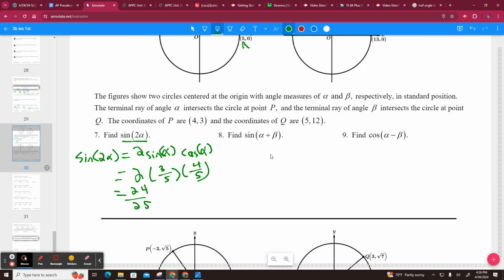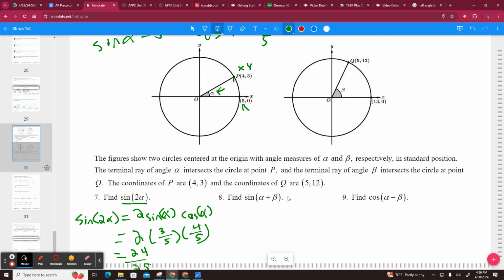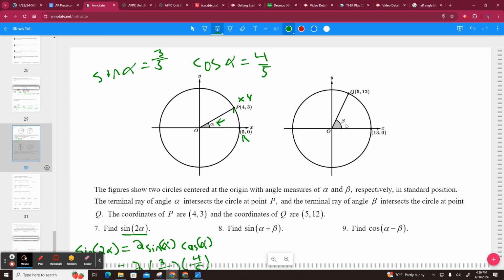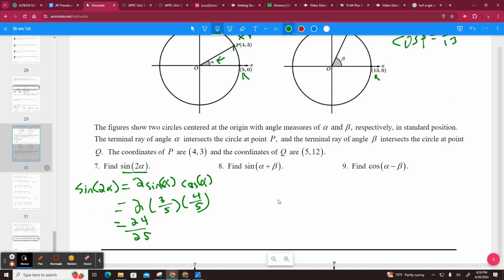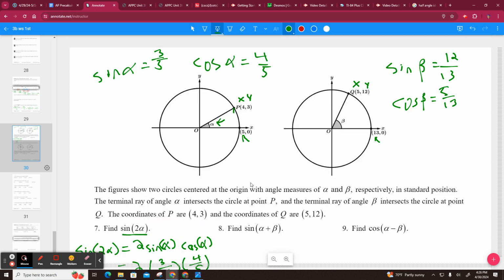Then we'll do sine of alpha plus beta. So we need to know what sine of alpha and sine of beta are. So same thing here. X is that, y is that, and r is that. So sine of beta is y over r, so 12 over 13. Cosine is x over r, so 5 over 13.